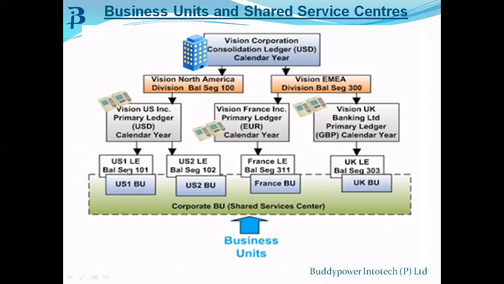Depending on the jurisdiction and the local tax rules and regulations, your legal entity is liable for everything. Each legal entity has a separate legal identifier. So what is a legal identifier? A legal entity identifier is a 20-digit alphanumeric code that identifies a legal entity participating in financial transactions.